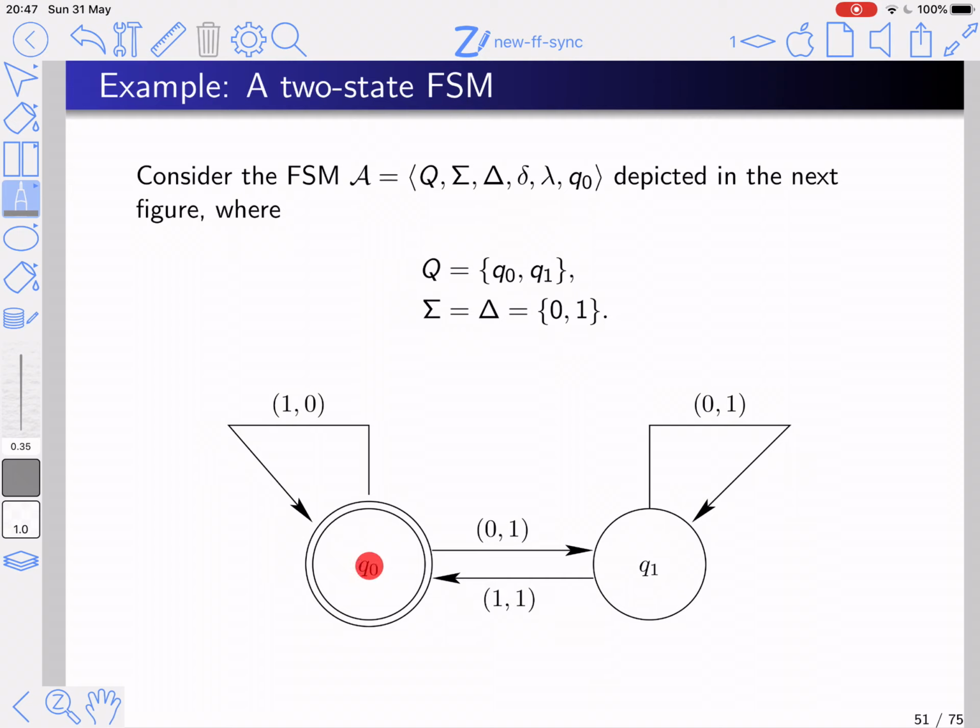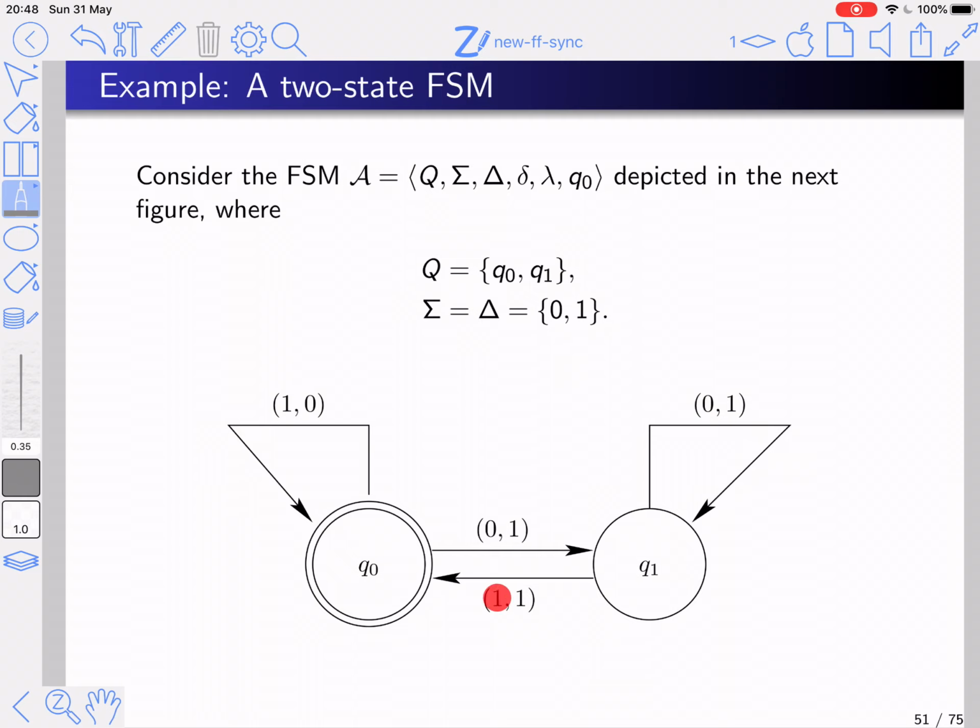So in state Q0, if my input is 0, I transition to state Q1 and output 1. In state Q0, if my input is 1, I output 0 and stay in the same state. This is why I have here the self loop. In state Q1, if the input is 0, I output 1 and stay in Q1.